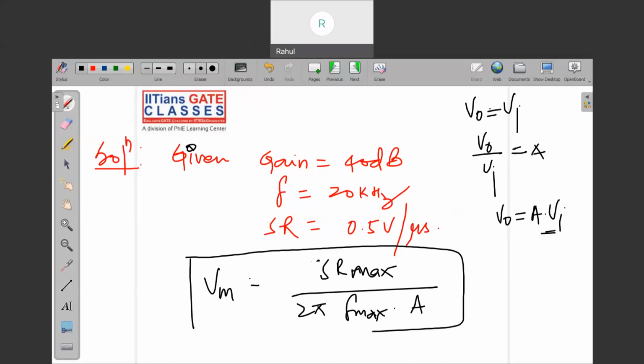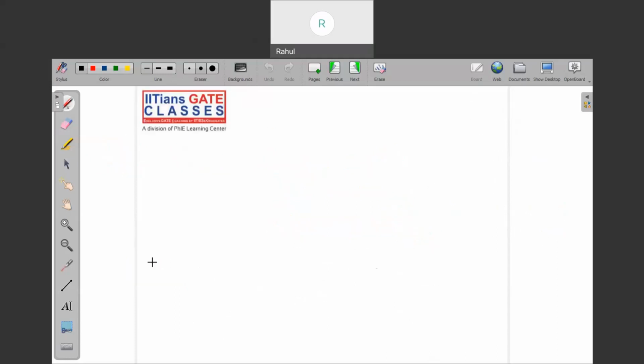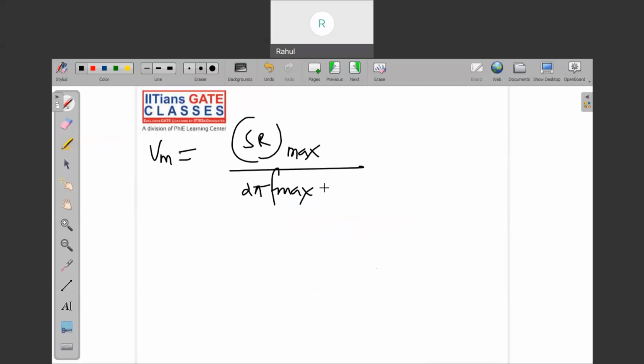This is valid for any kind of op-amp, whether it has unity gain or non-unity gain. So let me plug in the given values. Vm is equal to SR max upon 2 pi f max times A.